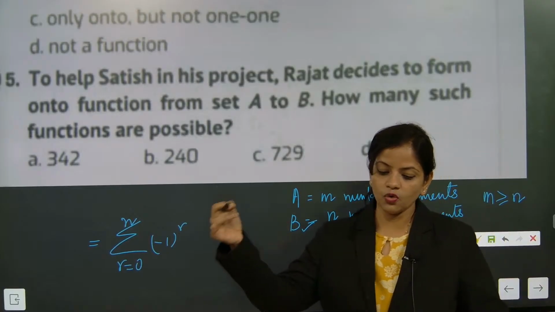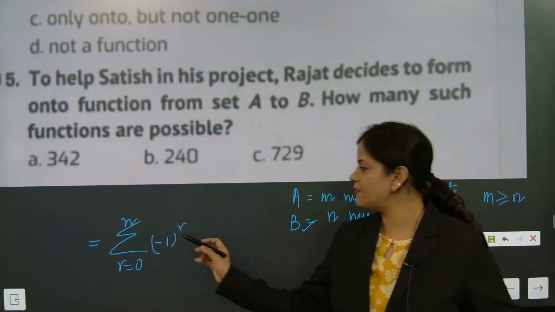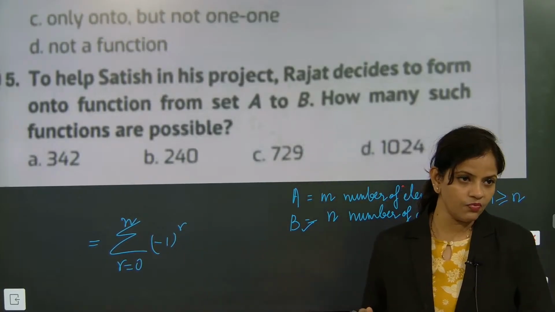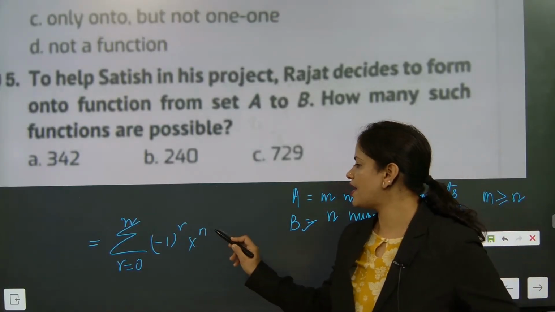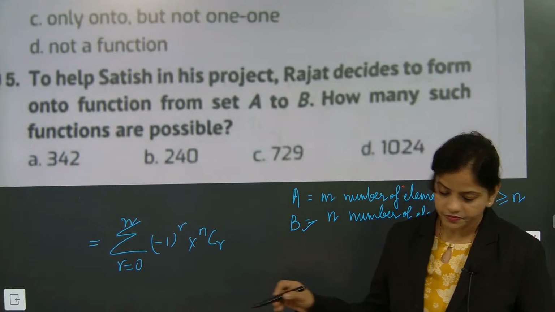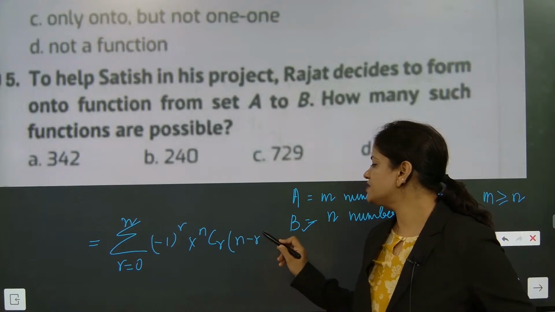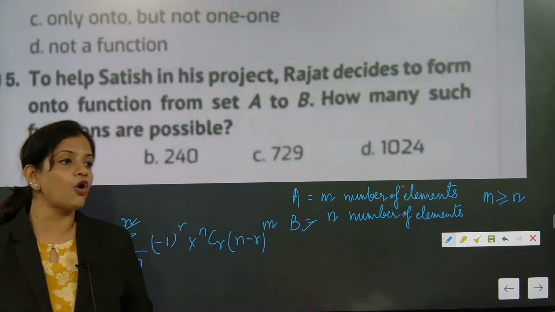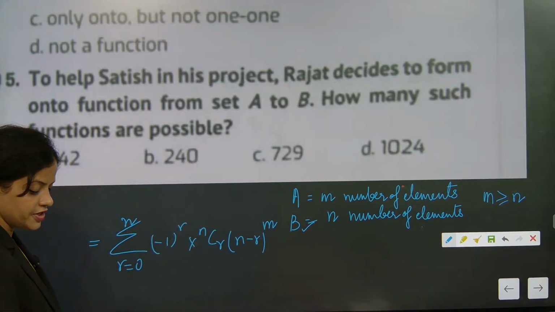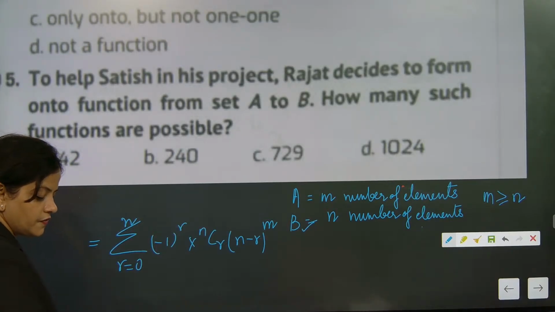How many times are you opening r? That many times. One time it will become 0, one time it will become 1, one time it will become 2, like that. After that, into nCr, n minus r to the power m. This will give you the number of onto functions possible.